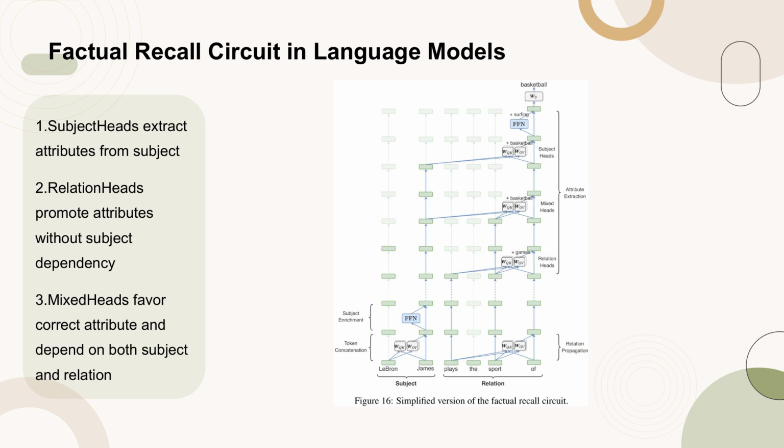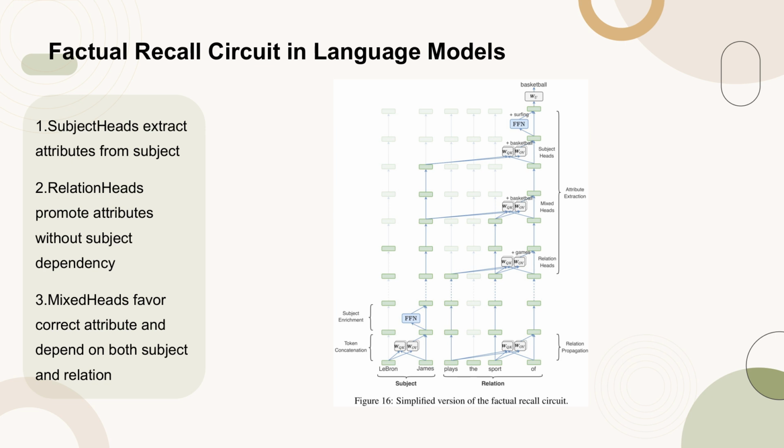Figure 16 illustrates the simplified factual recall circuit within transformer-based language models. The circuit involves three main types of attention heads: subject heads, relation heads, and mixed heads. Subject heads are responsible for extracting attributes from the subject independently from the relation, ensuring that the subject's characteristics are accurately captured.